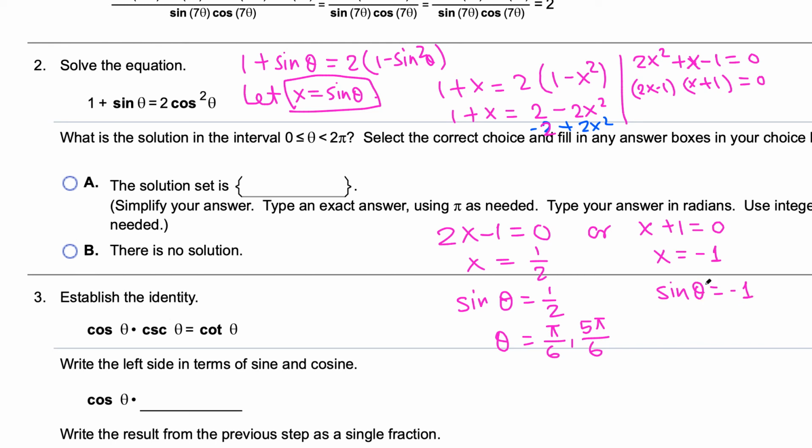Sine 90, sine pi over 2 is positive 1. That's the opposite of 90. That means 270. So theta is 3 pi over 2. Okay, again from unit circle. So there is a solution and the answers are pi over 6, 5 pi over 6 and 3 pi over 2.